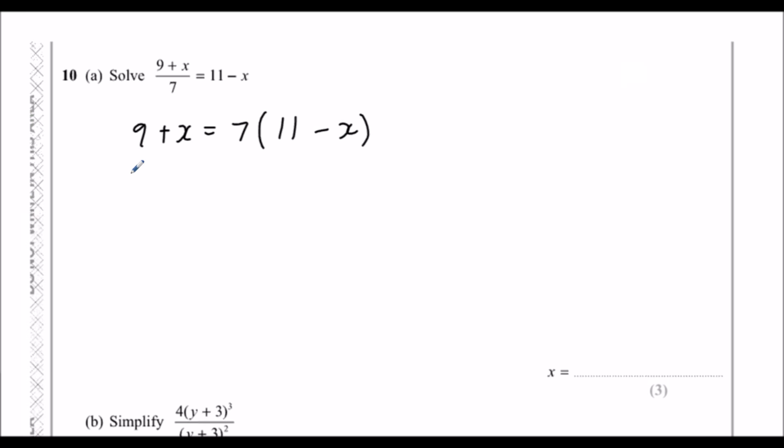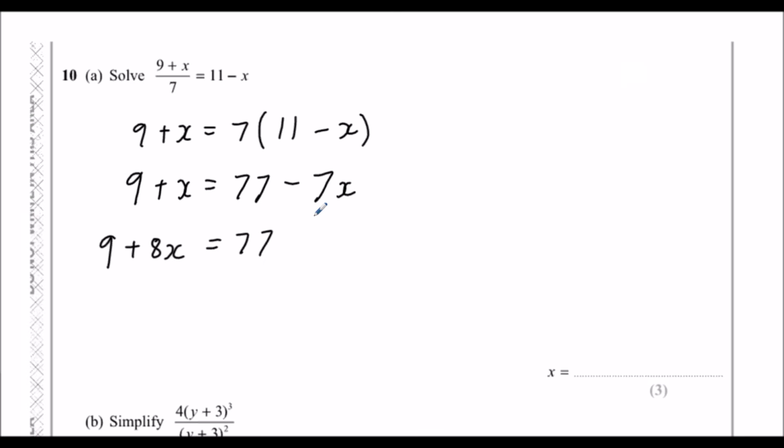Expanding the bracket, so 9 plus x equals 77 minus 7x. I want the x to be positive, so I'm going to plus 7x to both sides. So I've got 9 plus 1x plus 7x is 8x equals 77. I want x by itself, so I'm going to get rid of the 9.